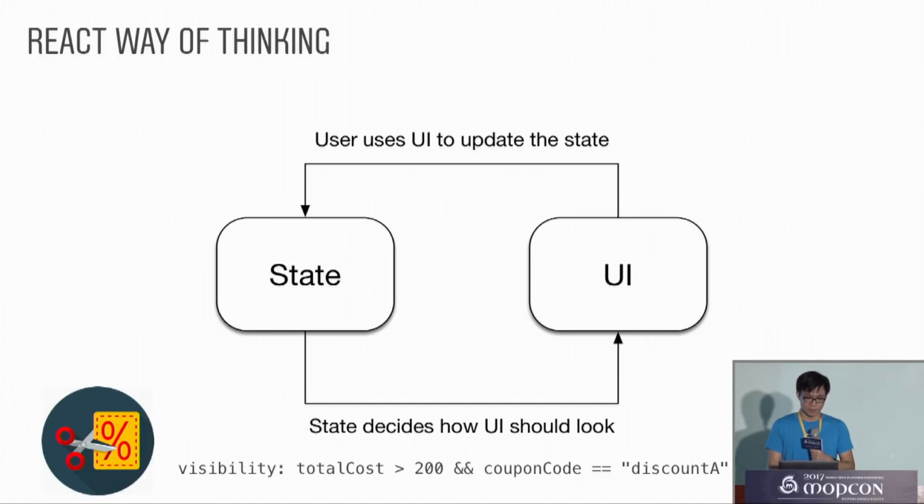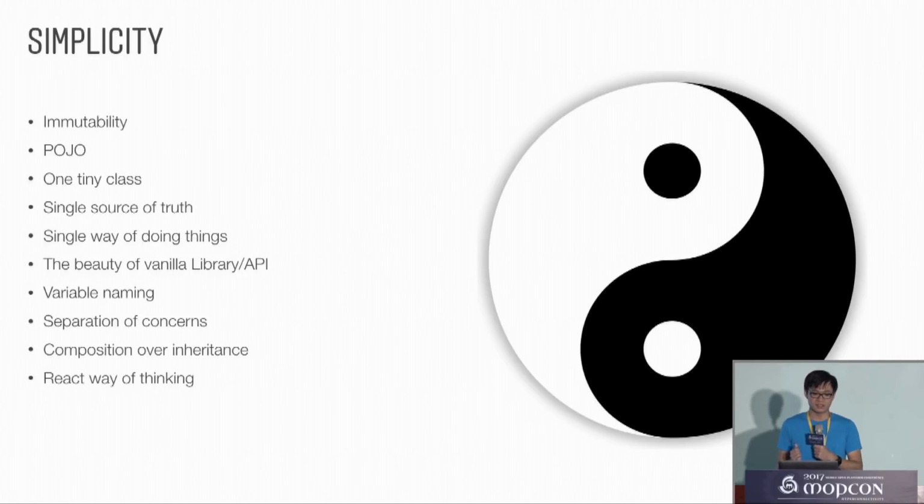Having said all this, I've mentioned about 10 principles to write quality code. It's actually more like playing Tai Chi. You have to blend the concepts, blend the principles, and use them wisely, case by case.